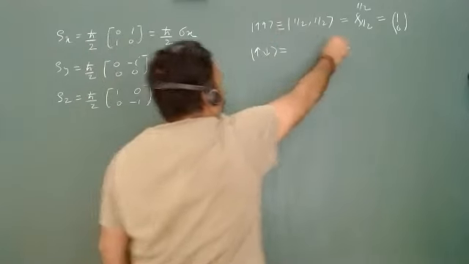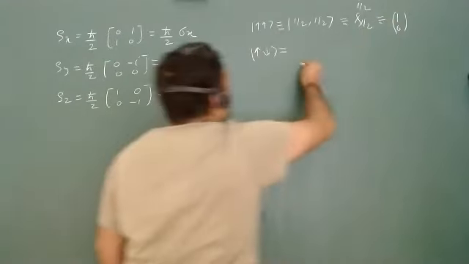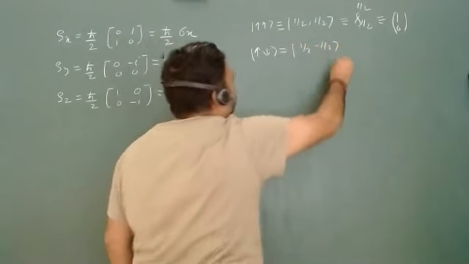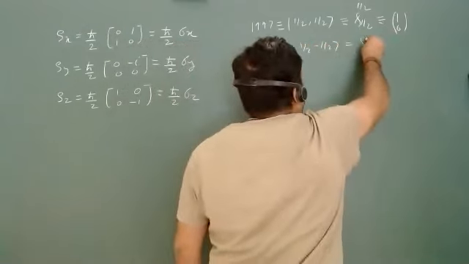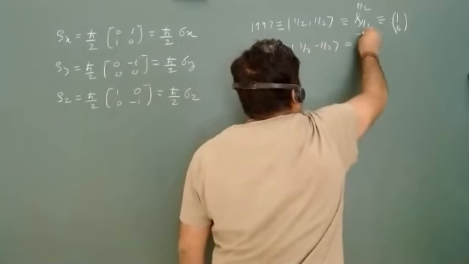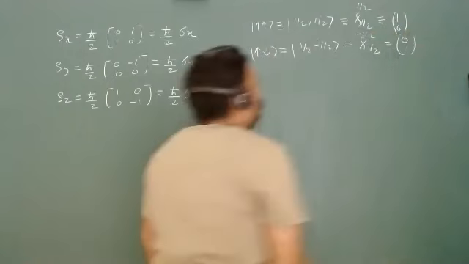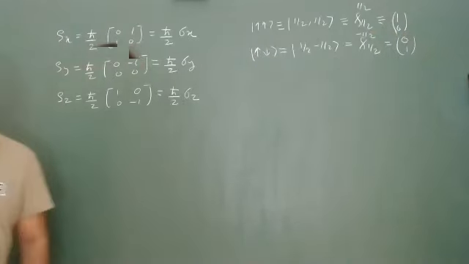Down is equivalent to half, minus half. This can be written as half, minus half, and this will be (0 1). So don't worry about the notation.